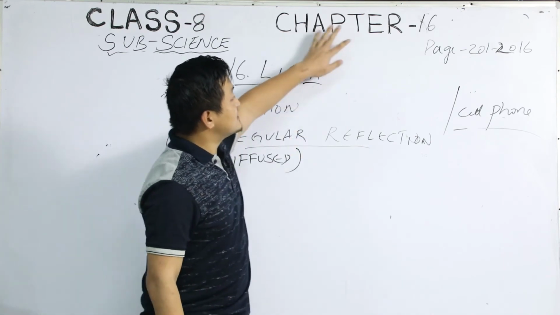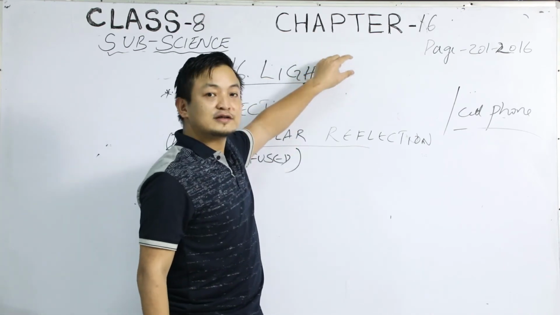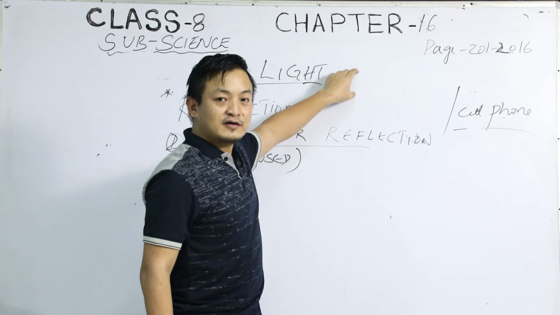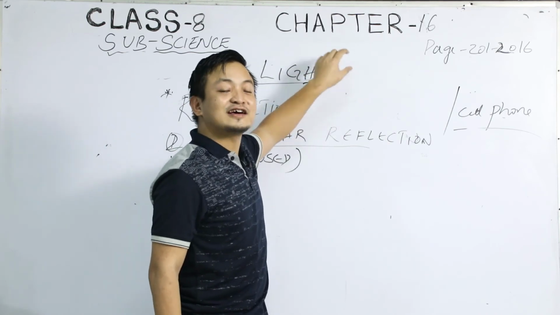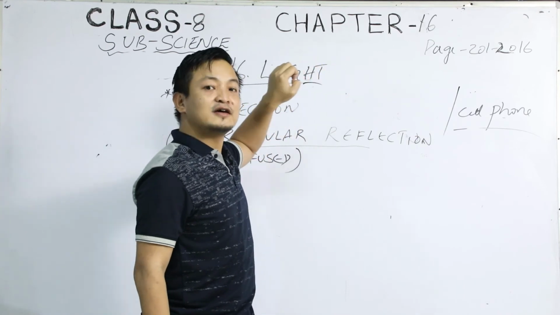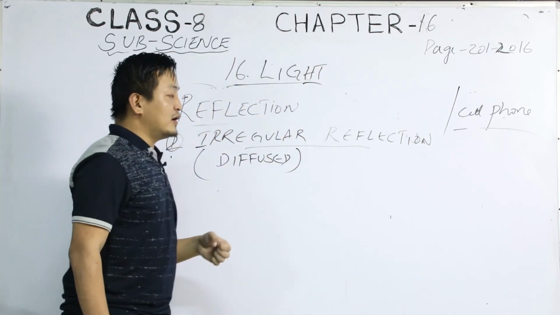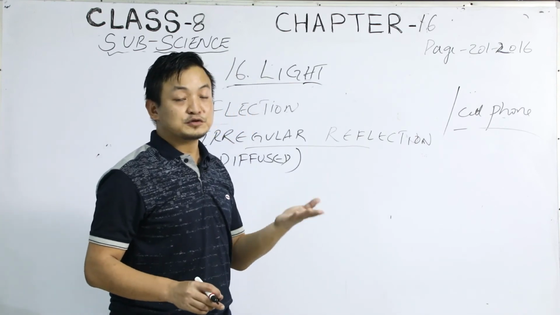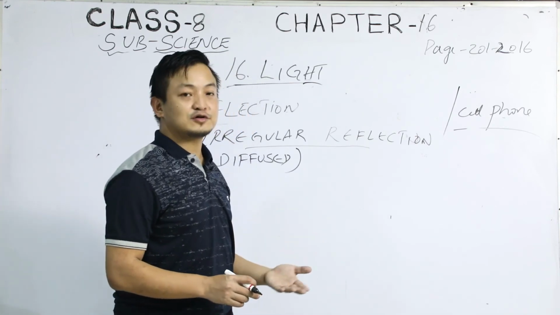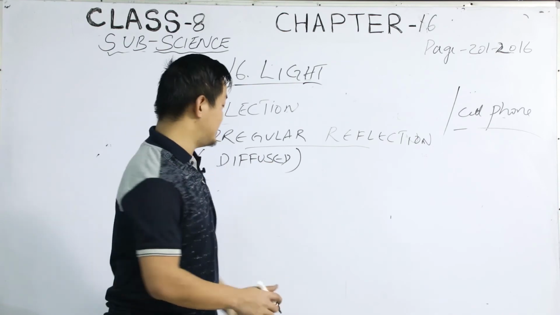Now take for example this board. Is this board smooth or rough? Most of you will say it is smooth, but this is actually a rough surface. Now, what about a paper or a chart? You might think it's smooth, but that is also a rough surface.